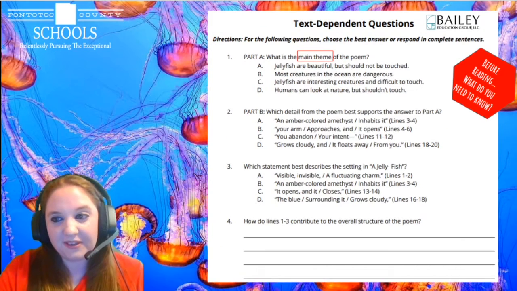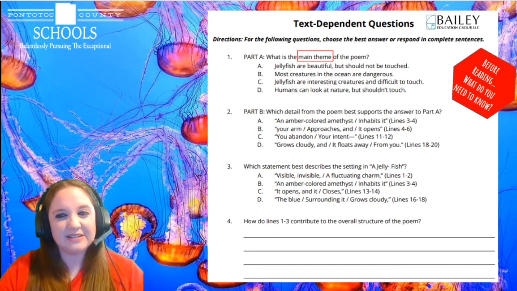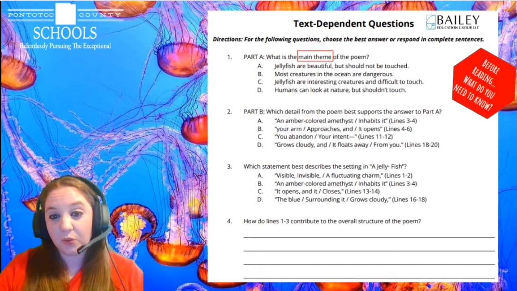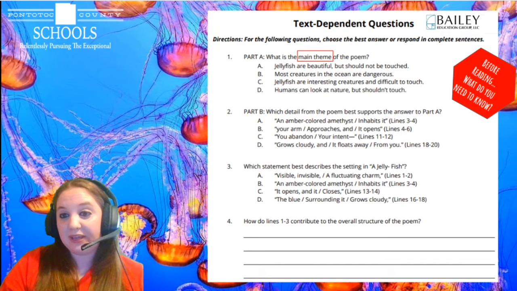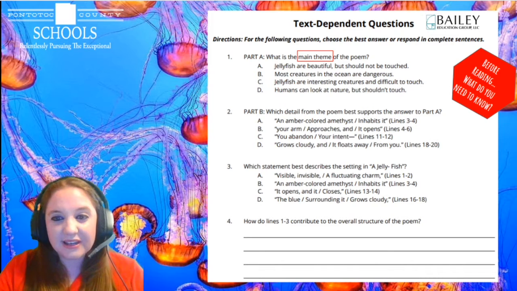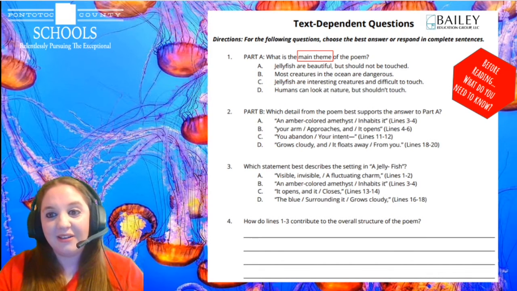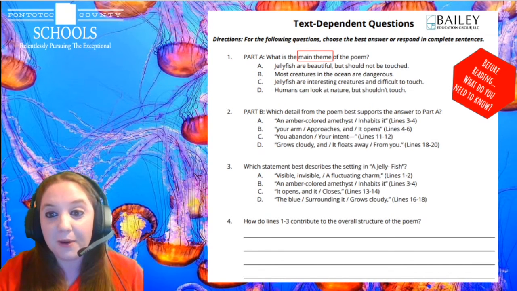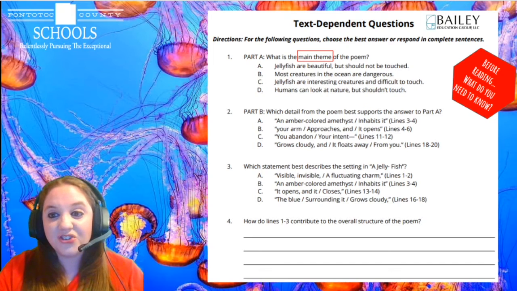Now that we've talked about the text features, we need to see what we need to know. It's very helpful to look at the questions first, so that when we begin to read, we know exactly where our evidence will be. Let's look at number 1. Part A. What is the main theme of the poem? A. Jellyfish are beautiful but should not be touched.